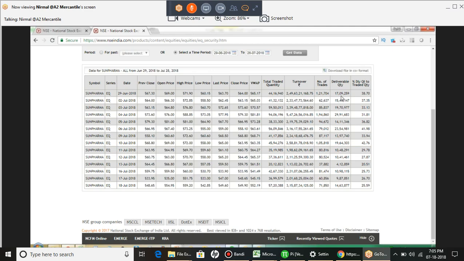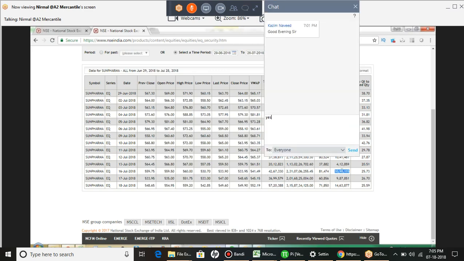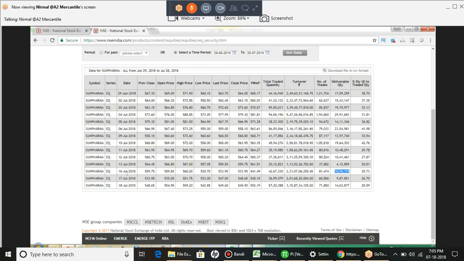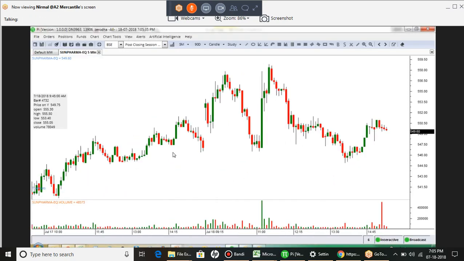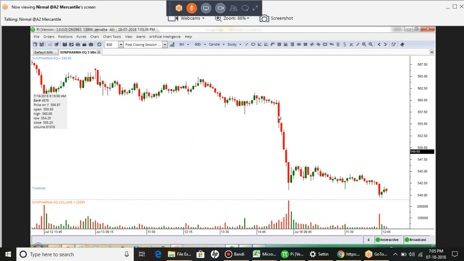Now, if we look at this, can you see on 16th there seems to be a slight breakout, which is at least double of the previous delivery quantity, right? So this date is 16th of July. So let's look at 16th of July.